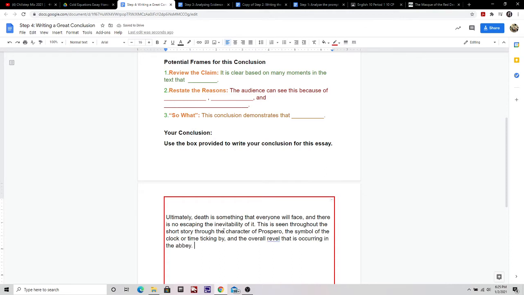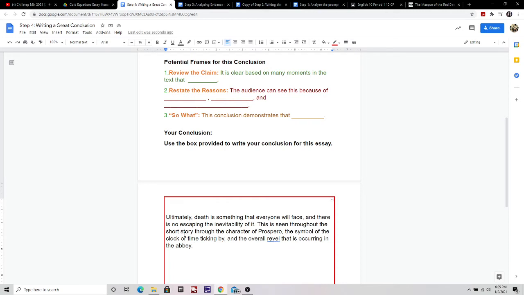Now, if you wanted to, you could go back to step one in order to review your thesis. But in truth, your thesis should be something that you're so familiar with that you don't need to go back and look at that. You just wrote a whole essay on it, right? You should know what your thesis is from memory. So, I didn't go back and look at my three things that I'm talking about, and I actually stated them out of order on purpose, right?